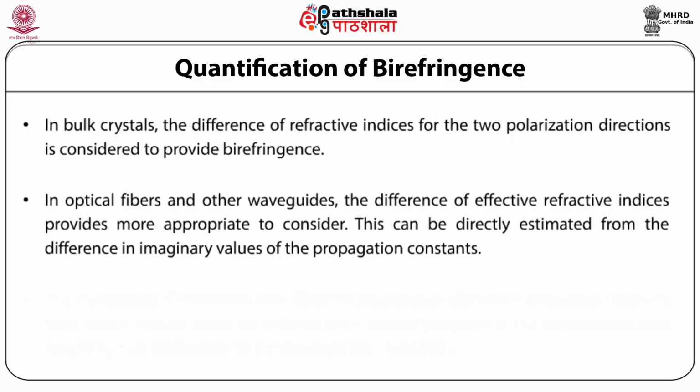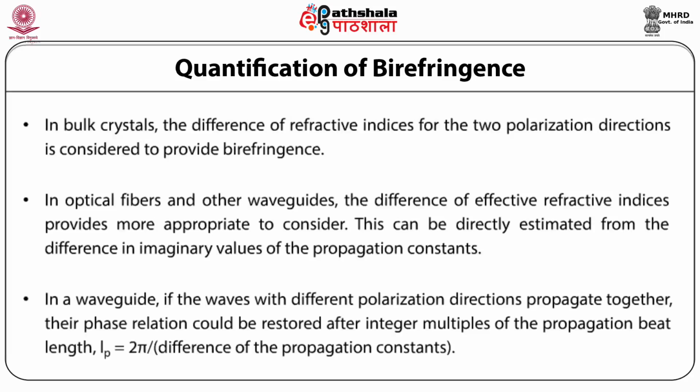This can be directly estimated from the differences in the real values of the propagation constants. In a waveguide, if waves with different polarization directions propagate together, their phase relation is restored after integer multiples of the beat length L_p, which is equal to 2 pi divided by the difference of propagation constants.